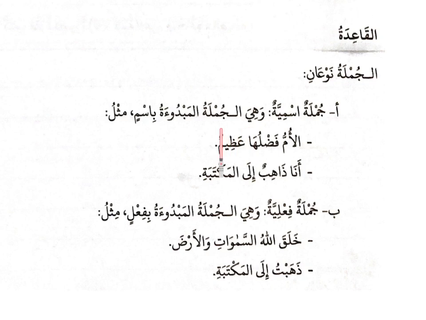Wahiya al-jumlatul mabdu'atu bismin. This is the definition of jumla ismiya: the sentence that starts with an ism, with a noun. Mithlu, for example, al-ummu fadluha azim, and ana dhahibun ilal maktaba. These two words, al-um and ana, are an ism, so we call it jumla ismiya.